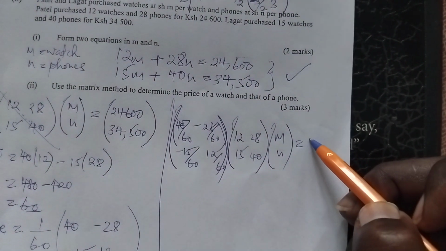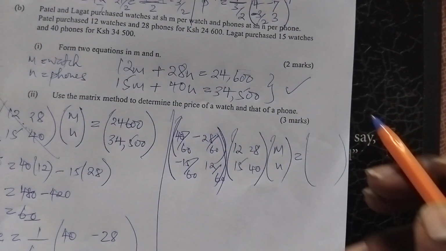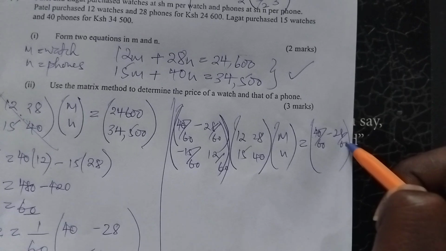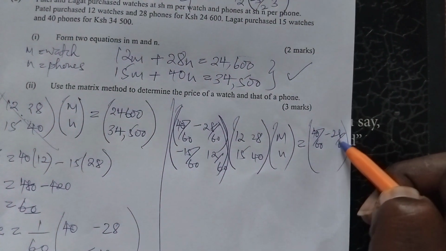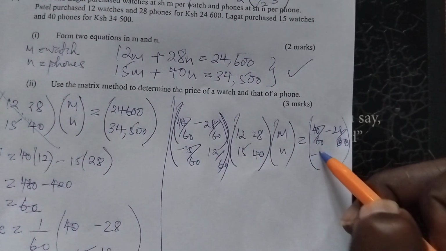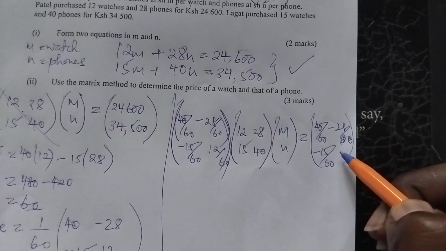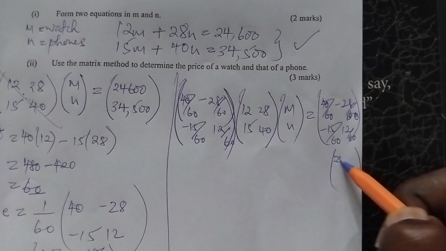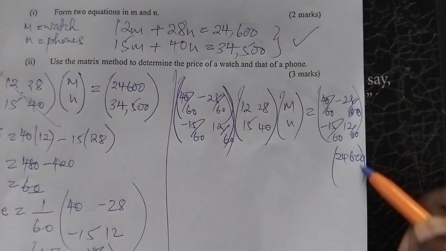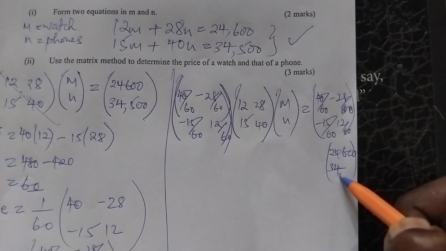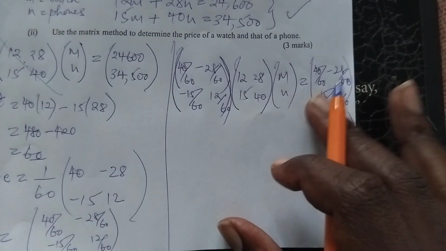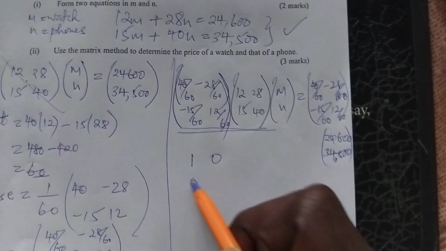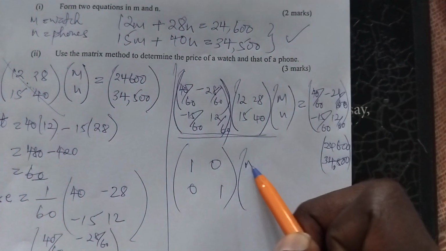Start with the inverse, 40 over 60, negative 28 over 60, negative 15 over 60, 12 over 60, then times 24,600 and 34,500. So these two will give you an identity matrix, 1, 0, 0, 1, multiplied by M, N.